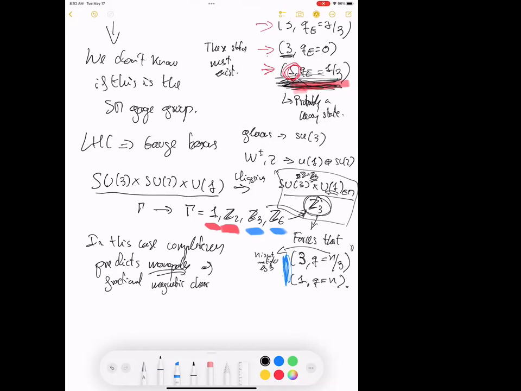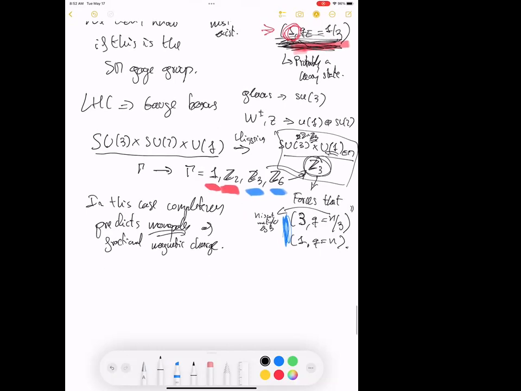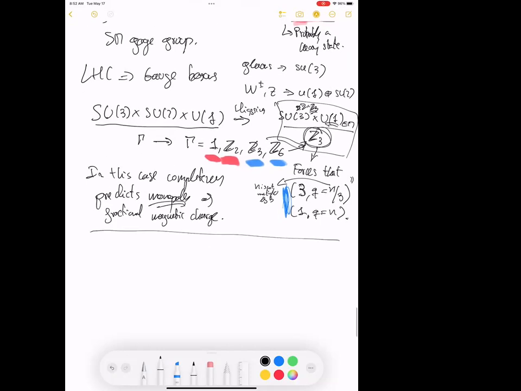Monopoles we haven't observed, but we believe we have an idea of what the allowed charges can be because of their quantization. And if the gauge group is either this or this, the quantization properties of monopole charges are different.